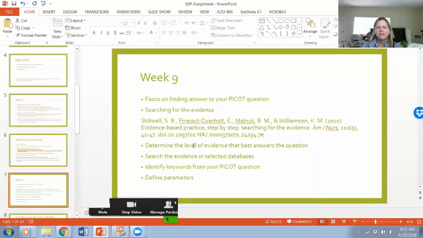So you're going to look at the levels of evidence that best answer your PICO question. If you have a PICO question about maybe patient preferences, or remember last week you guys looked at that article, was it the quasi-experimental article about debriefing? That's not super high risk, right?